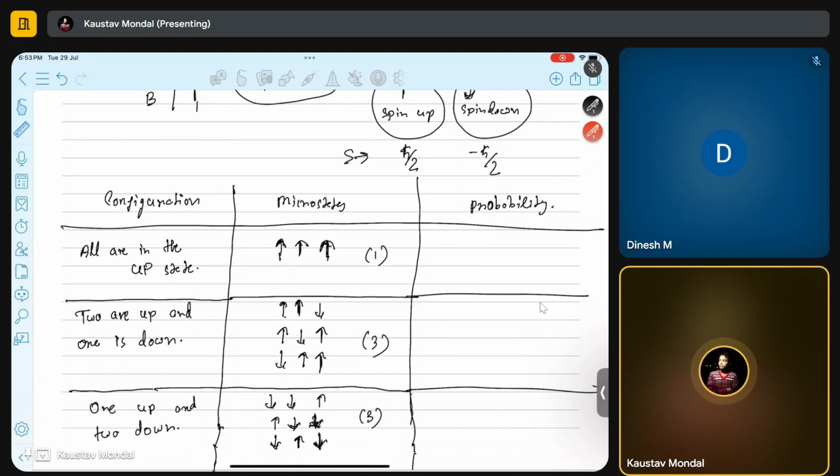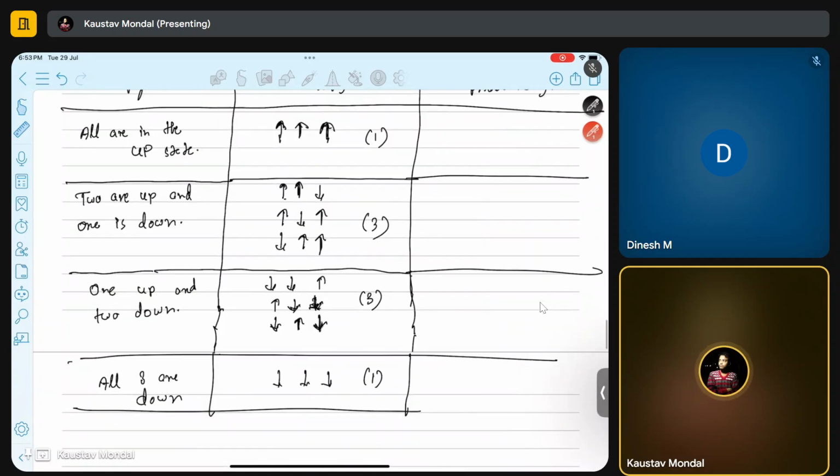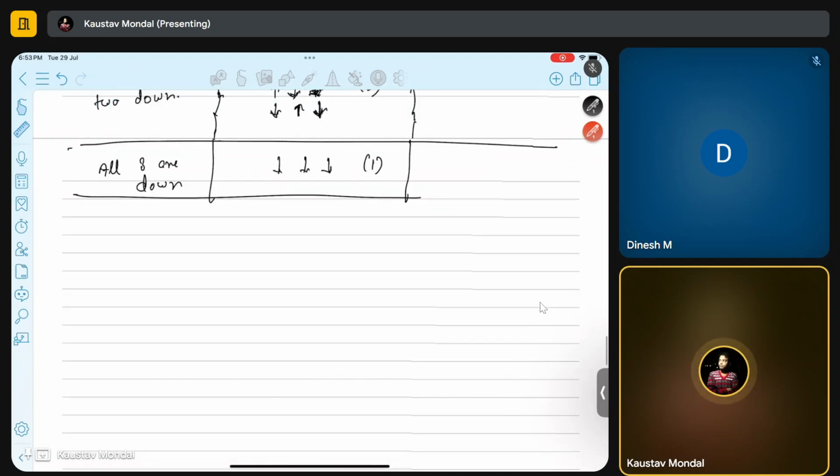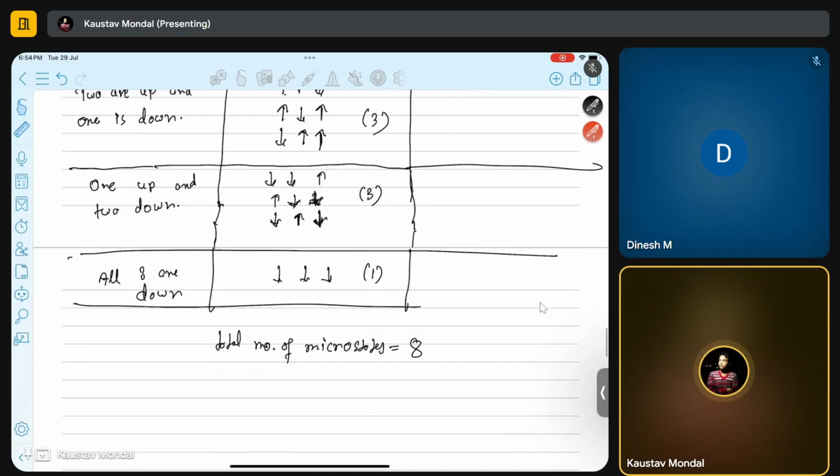So the number of total microstates is 3 plus 3, 6, plus 1 and 1, so 8. Total number of microstates is 8.